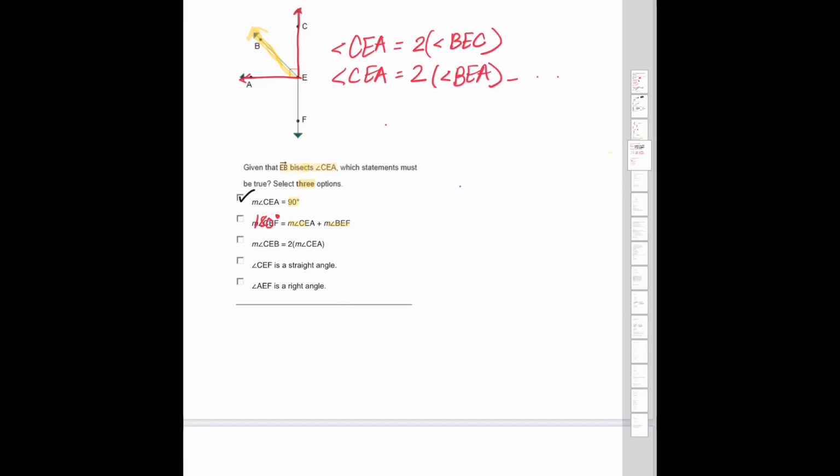However, in this instance, this statement is telling us that the entire measure of CEB is 2 times that of CEA. That is incorrect. In fact, what we are looking for here is that the angle measure of CEB is half that of the entire angle measure of CEA. Therefore, we cannot reasonably assume that that statement is true.